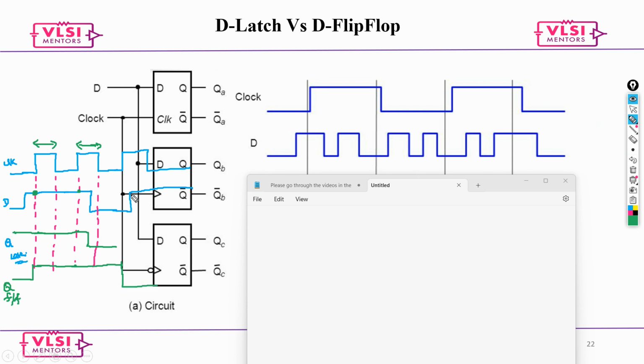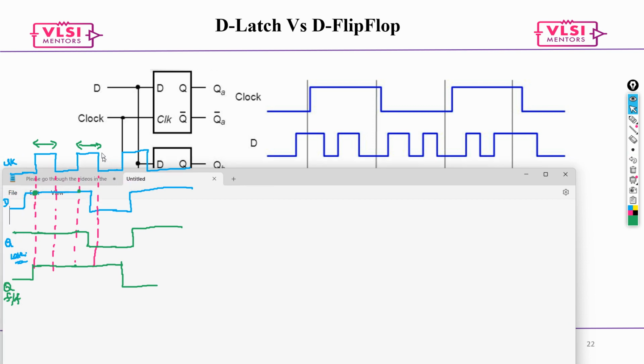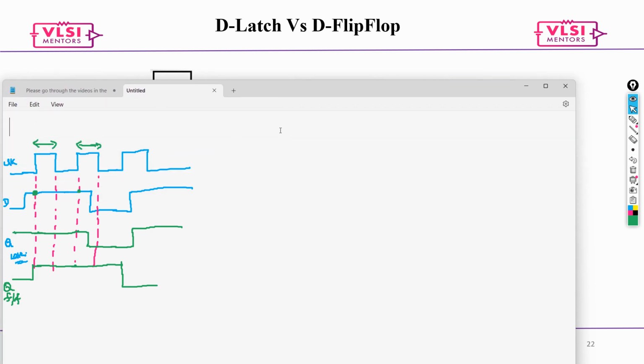And what about your latch? The latch is going to change here and then continue. This is how we can draw the waveforms. So latch is level sensitive, and the flip flop is edge triggered.